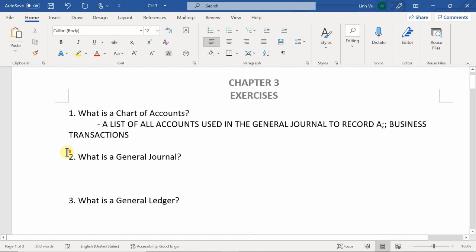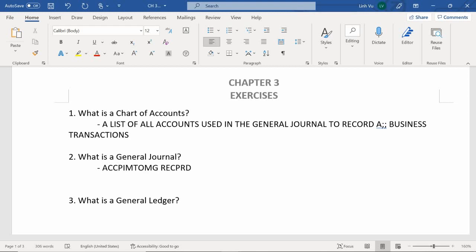What is a general journal? It's the accounting record that is used to record the different types of transactions. Good. Like your financial diary. Perfect. It is an accounting record for all business transactions.